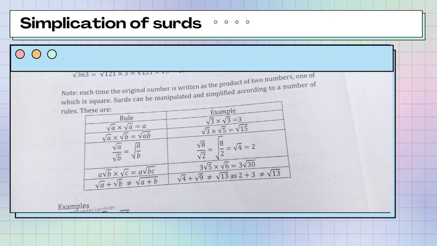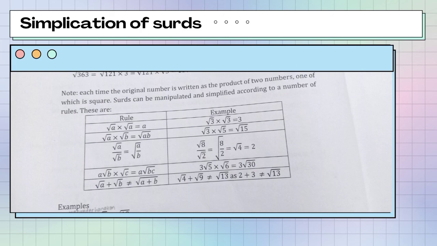Number 2, square root a times square root b equals square root of a times b. Example, square root 3 times square root 5 equals square root of 3 times 5. So, the final answer is square root 15.